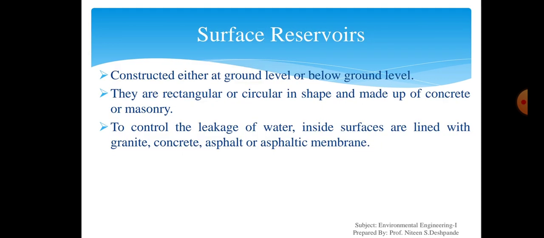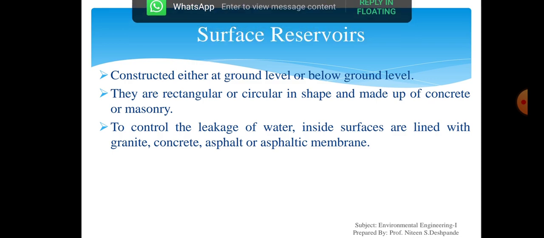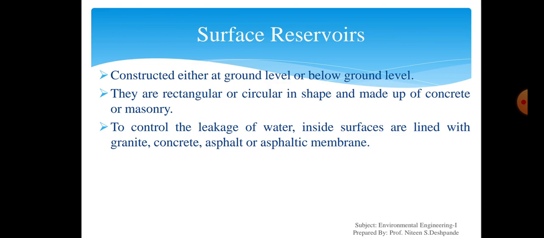Okay. The surface reservoir means what? We will go one by one. So surface reservoir is the reservoir which is constructed either at the ground level or below the ground level. They are either rectangular or circular in shape and made up of concrete or masonry.